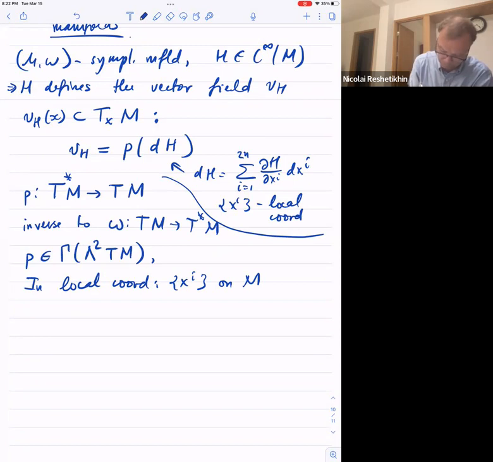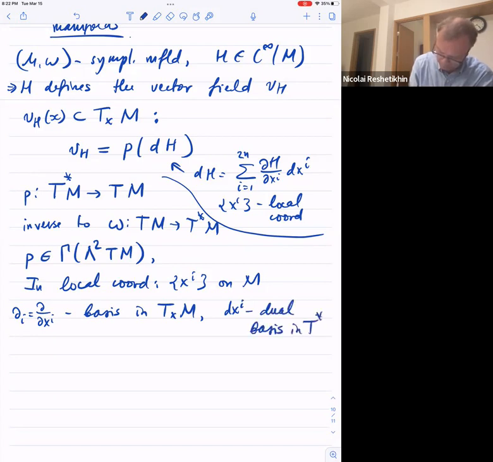In local coordinates, we have d_i, which is d/dx_i, a basis in tangent spaces, and dx_i, the dual basis in the cotangent space.